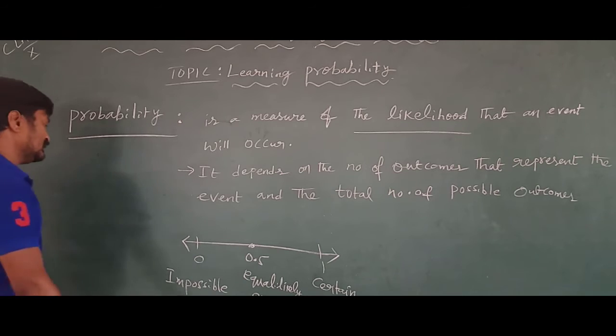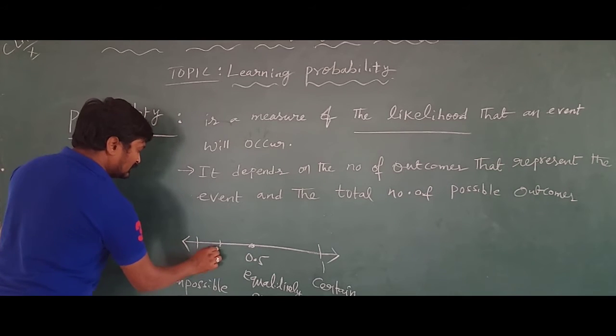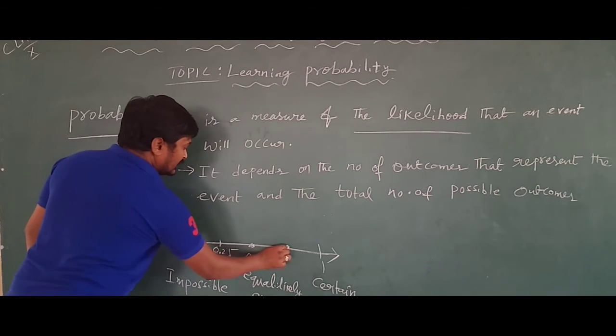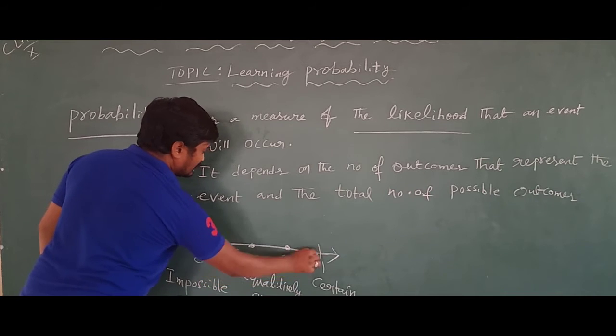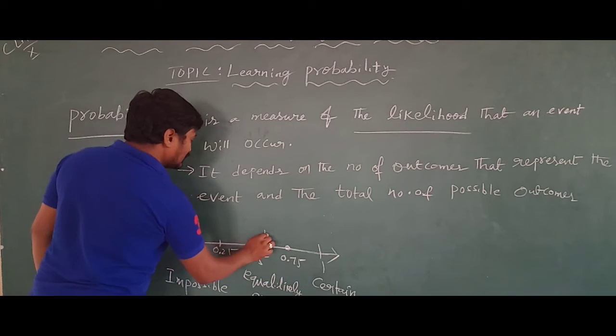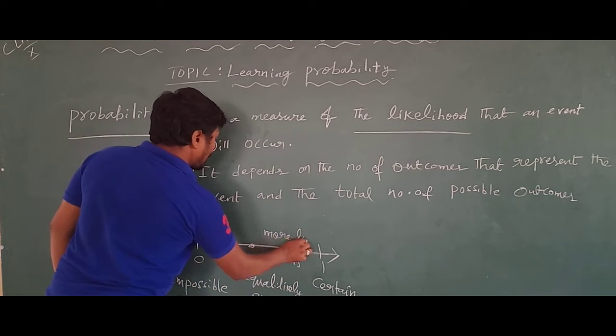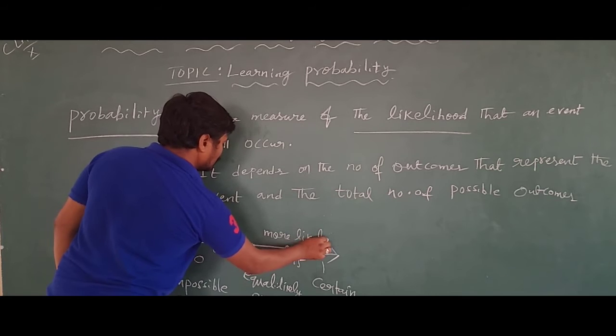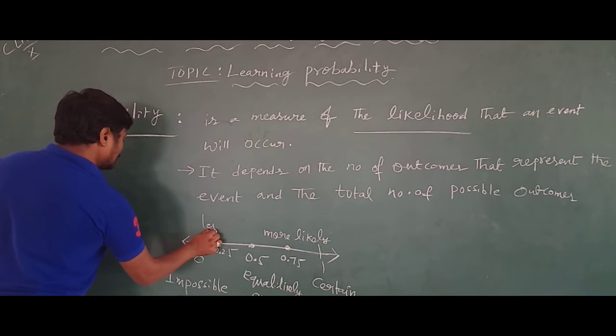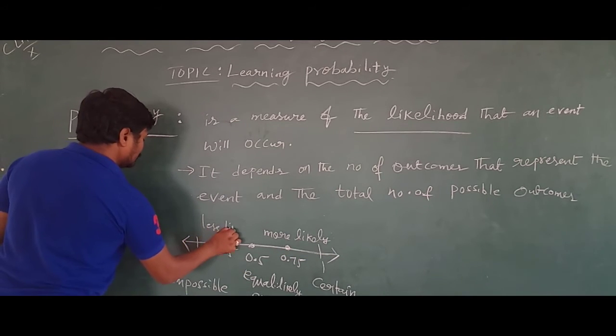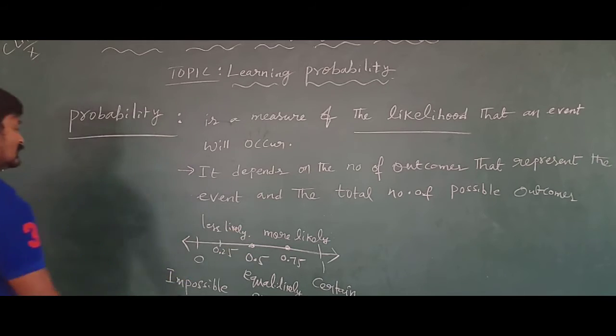In between 0.5 and 1.0, we can write 0.75, which is a more likely event, and 0.25 is a less likely event, which you all learned in your previous classes.